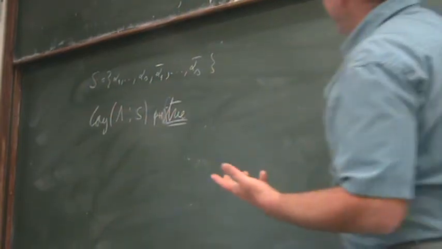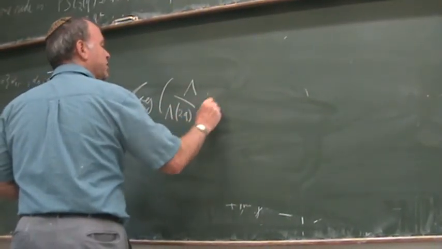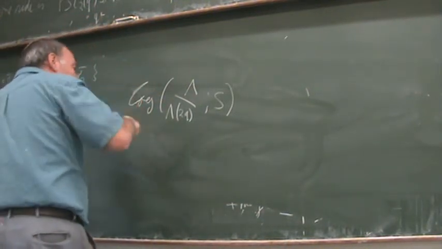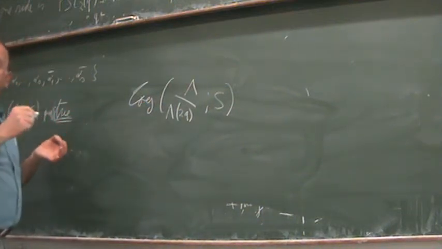Okay? So, this is for the free group. In the Cayley graph of Lambda over Lambda(2q) with respect to S, what does it mean when you have a loop?